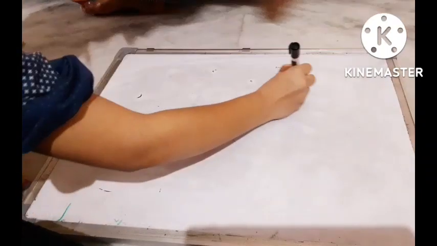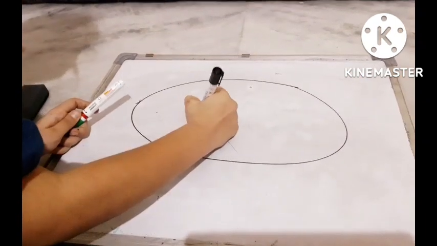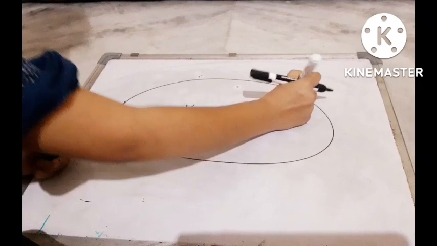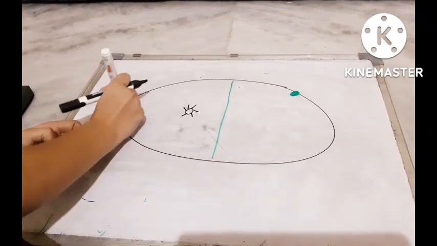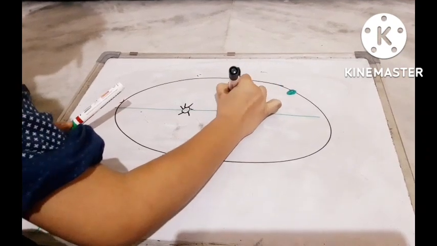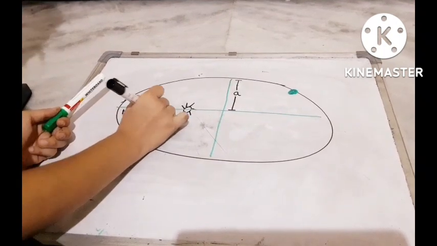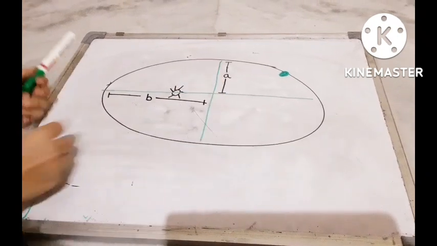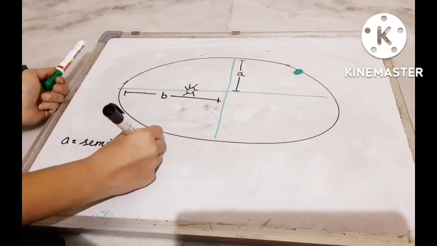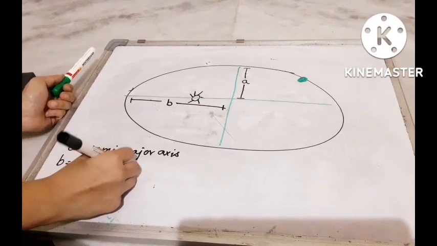So if I take, this is the ellipse, and here was your sun, and here is your planet. This part I am denoting as A, and this part I am denoting as B. So here I say A is the semi-major axis and B is the semi-minor axis.